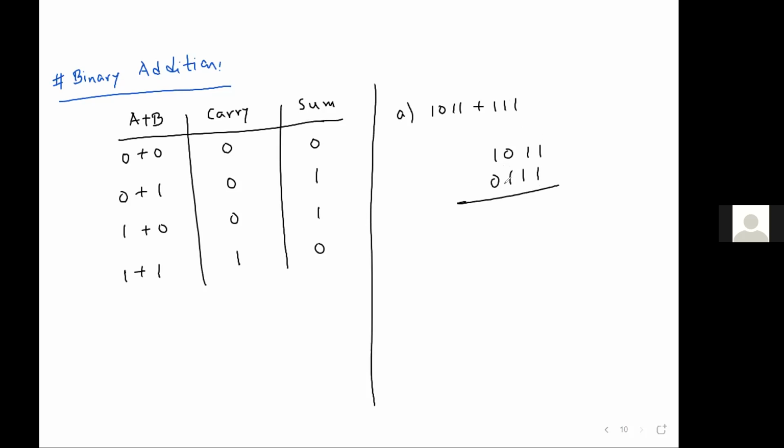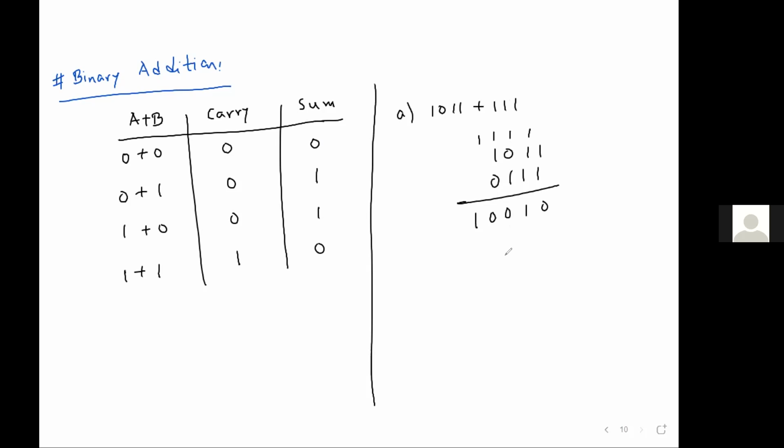So 1 plus 1, my sum will be 0, carry will be 1. Then 1 plus 1 again 0, with the carry there will be another 1, so it will be 1 and there will be a carry. 1 plus 1, again the sum is 0 and there will be another carry. 1 plus 1 is 0 and there is another carry that will just directly come down, and this is your sum. Is it understood to everyone?